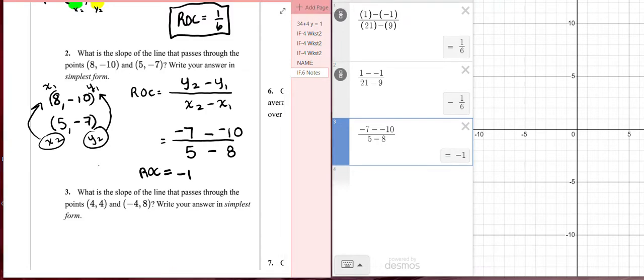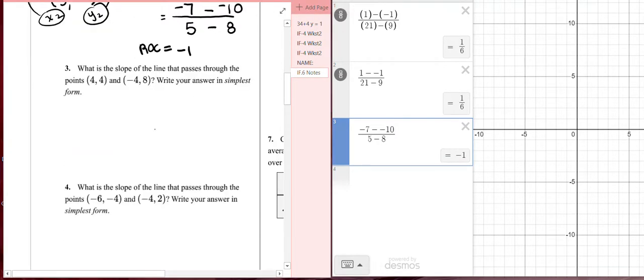All right, let's do the next one. See, so with this one, I have 2 points. I have 4, 4. I have negative 4, 8. And once again, since this is point 1, this is my x1, y1. This is point 2. This is my x2, y2. Right?